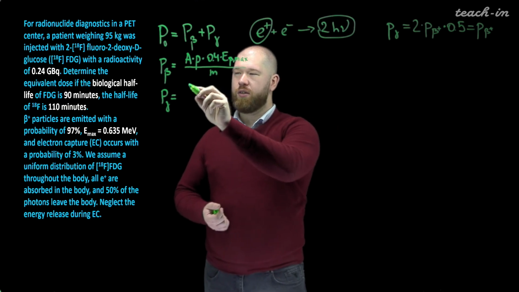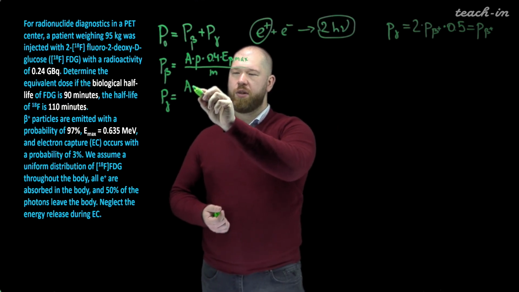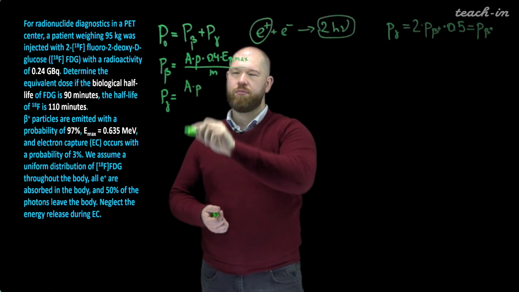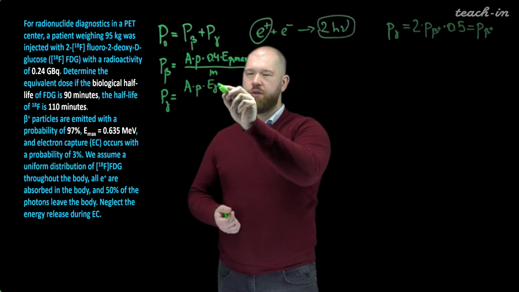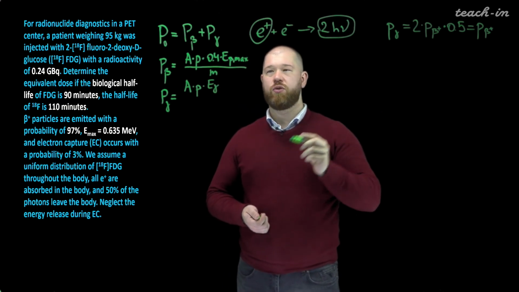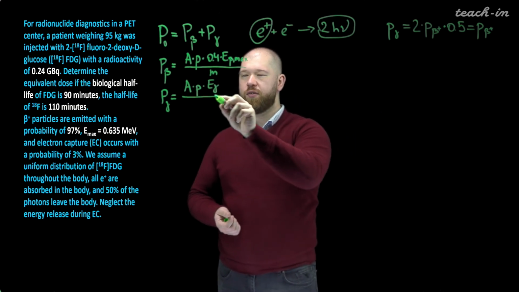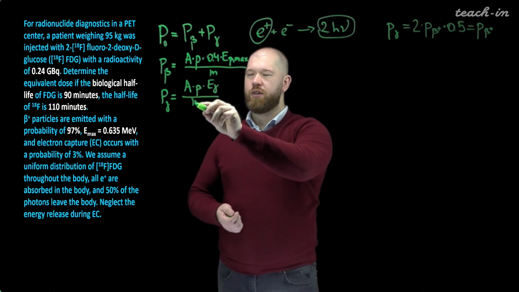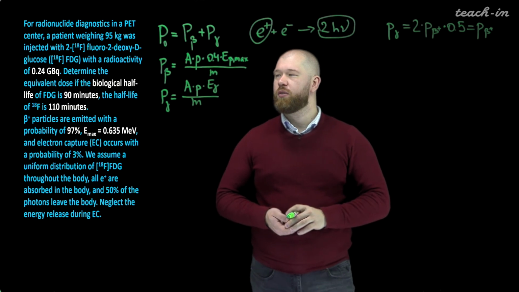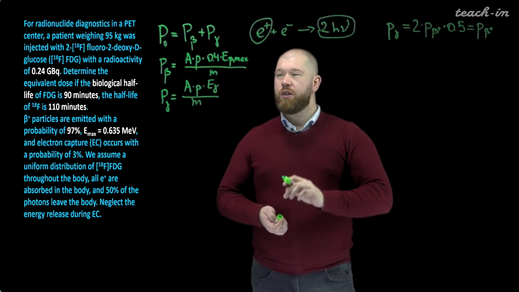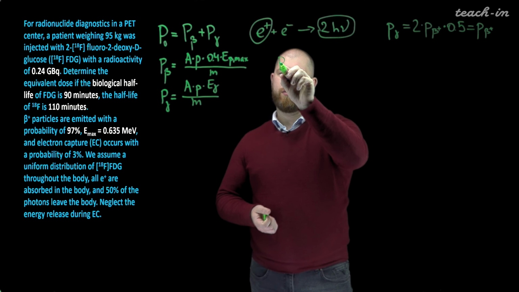Thus, the amount of emitted gamma quanta will be the same, but the energy of gamma quanta will be different. And the energy of gamma quanta is 511 kiloelectron volts, as far as it is simply the mass of one electron.